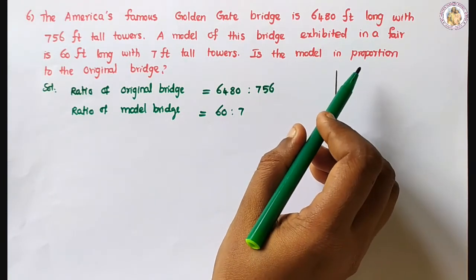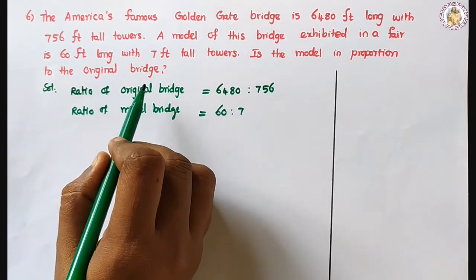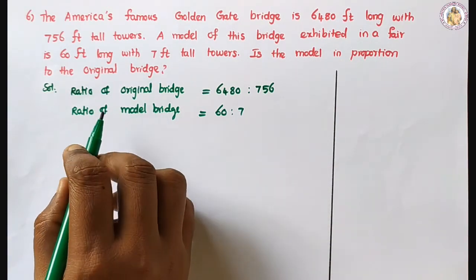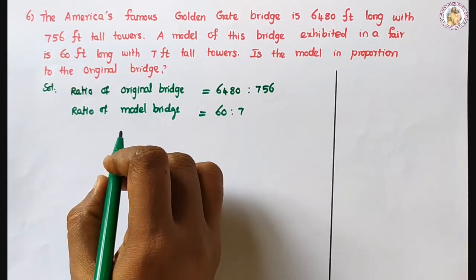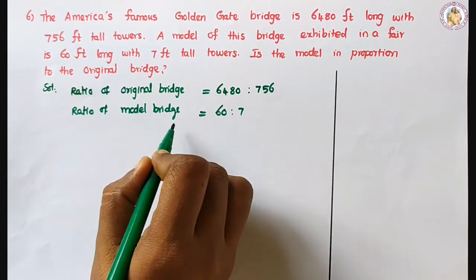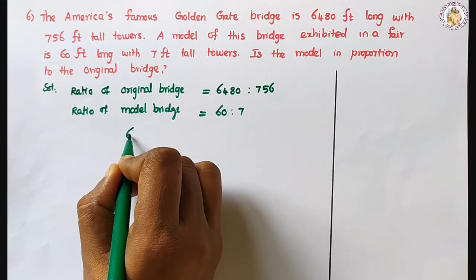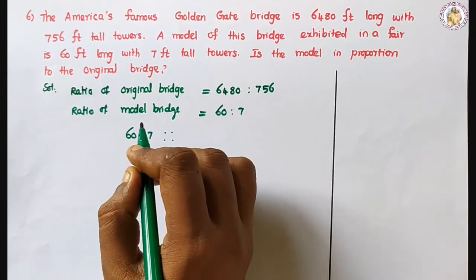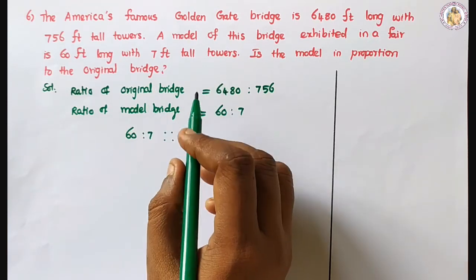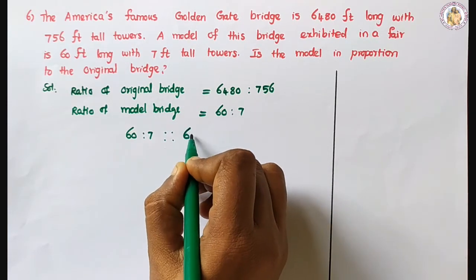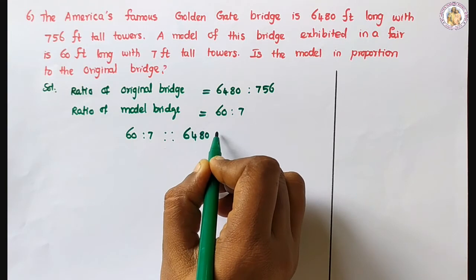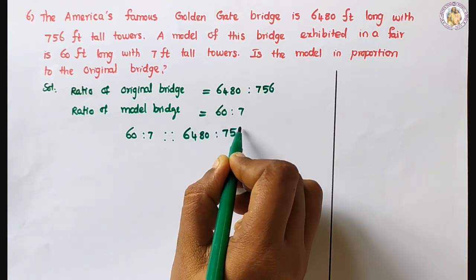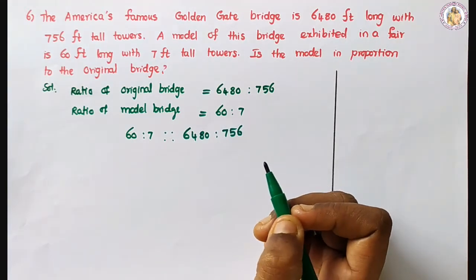Is the model in proportion to the original bridge? So model to the original bridge means model is 60:7 as original bridge, that is 6480:756.